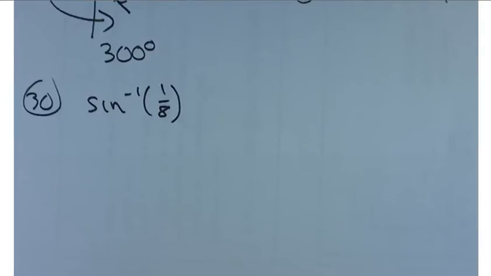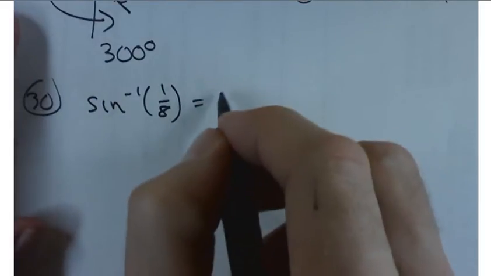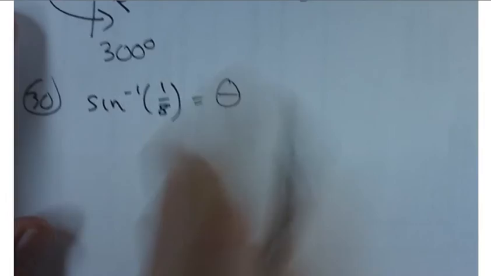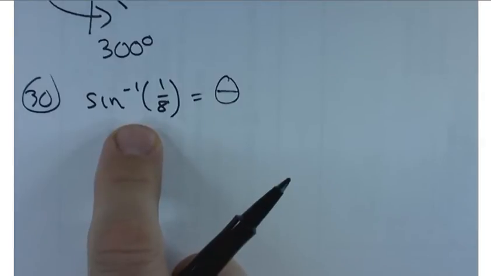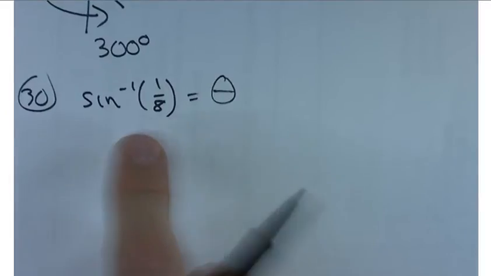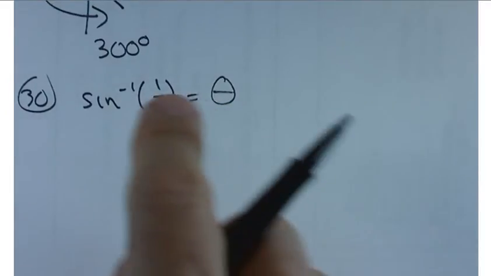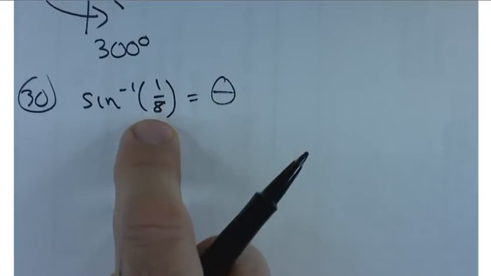Well, what you're going to get, and this is not a bad idea to keep in mind, when you do the inverse sine or inverse cosine of these functions, what you're going to get is an angle. Theta is the angle whose sine is 1/8.